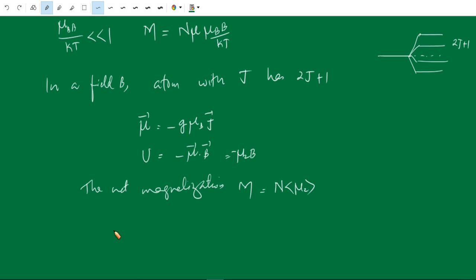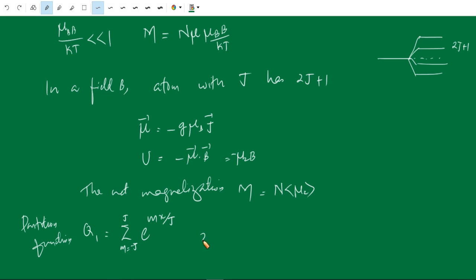Using statistical mechanics, the single particle partition function Q1 is equal to the summation of e raised to m x divided by J. Okay, where x is equal to g J mu B divided by kT.